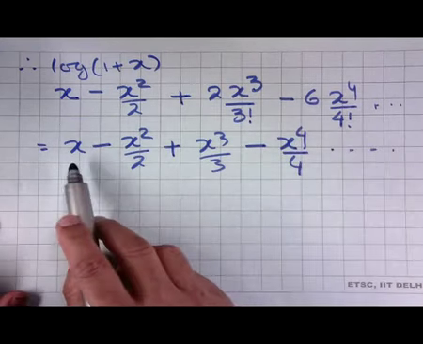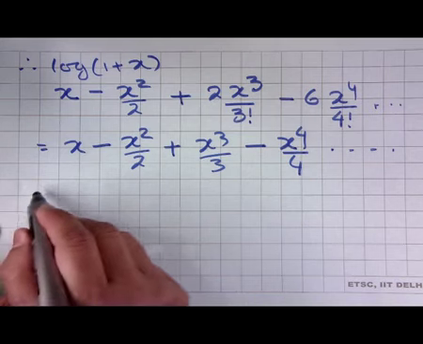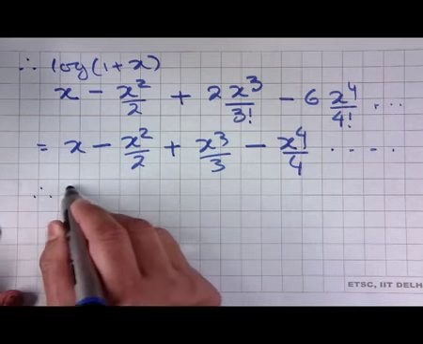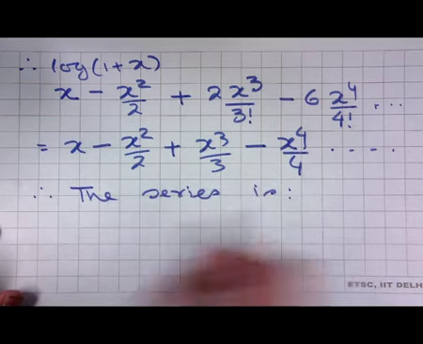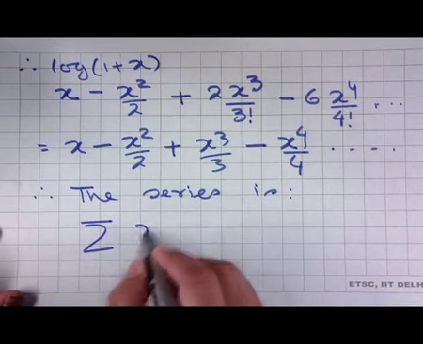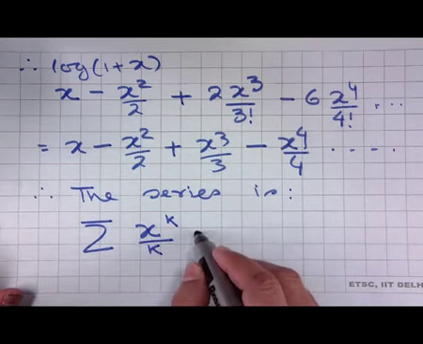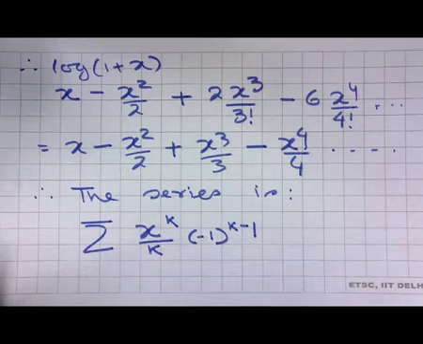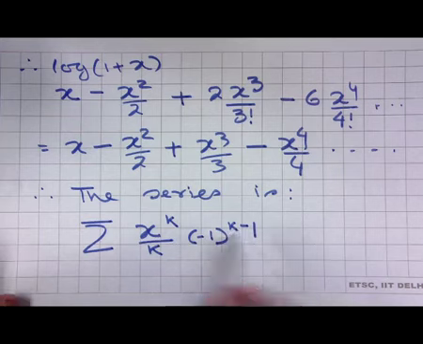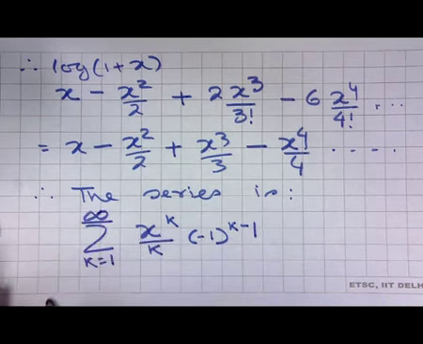So, it is alternatively minus and plus, and the summation is, therefore, the series is sigma x to the power k upon k into minus 1 to the power k minus 1, which will ensure that every alternate term is equal to minus and plus, k is equal to 1 to infinity.